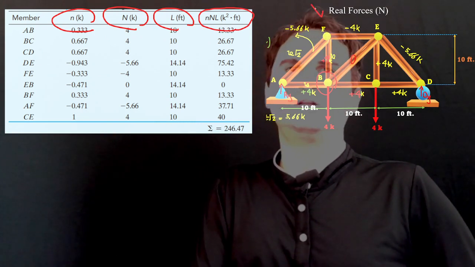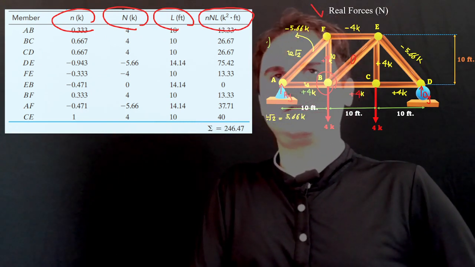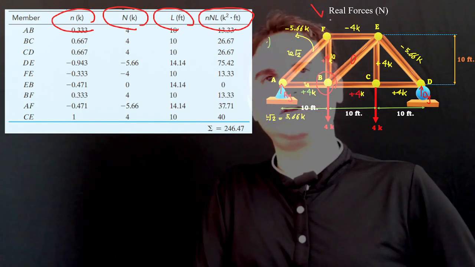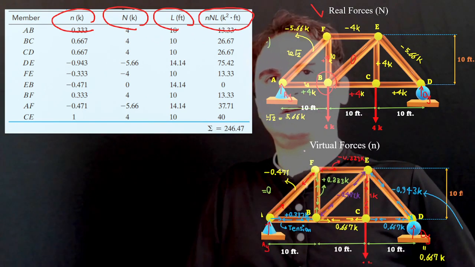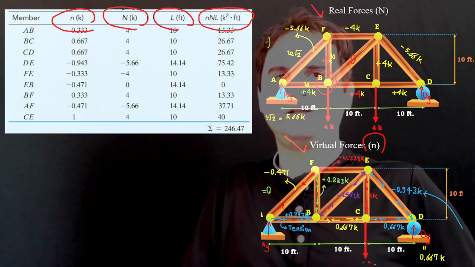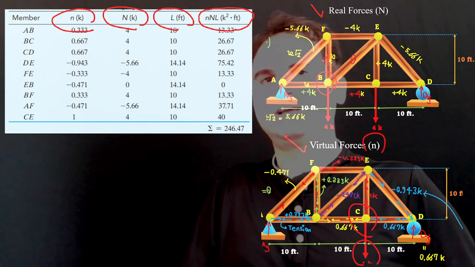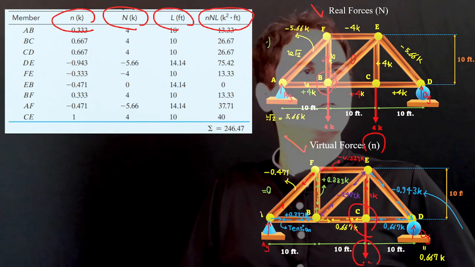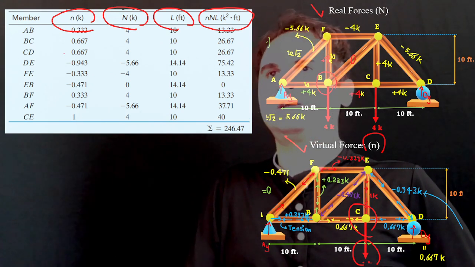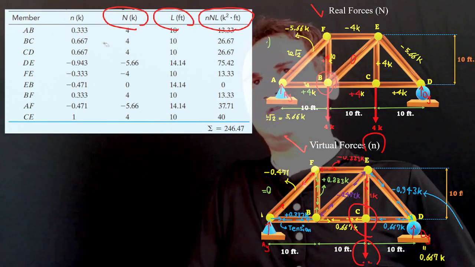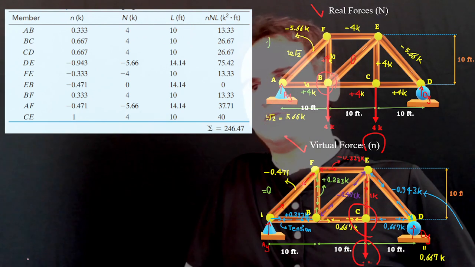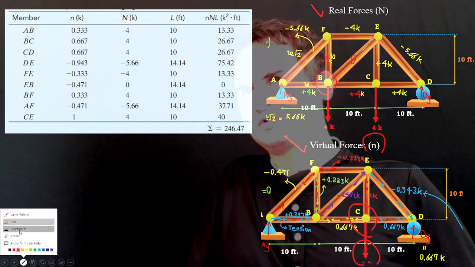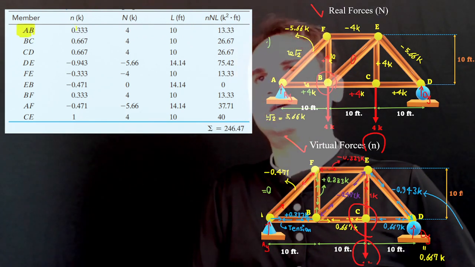So this is the real force effect which we calculated at the beginning of the problem. This is the effect of virtual work, where you applied a 1K at joint C and calculated the internal forces inside the structure. And just for example, if you want to observe or double check the problem, let's go for AB.